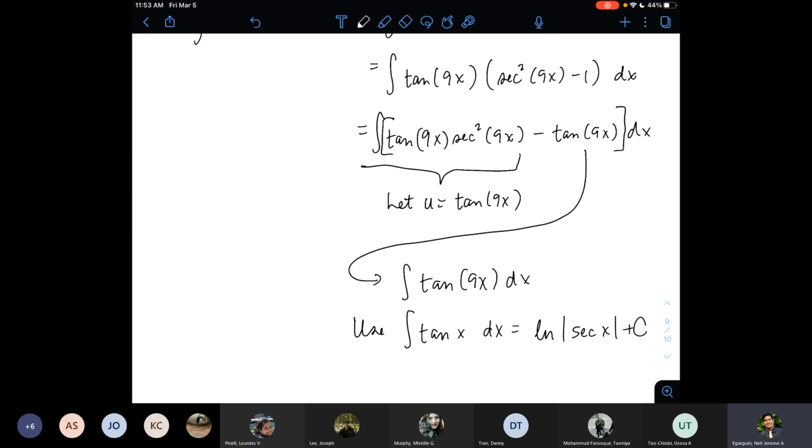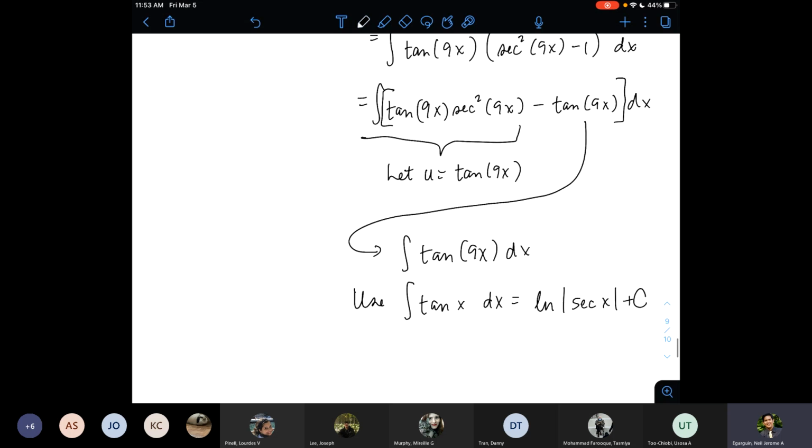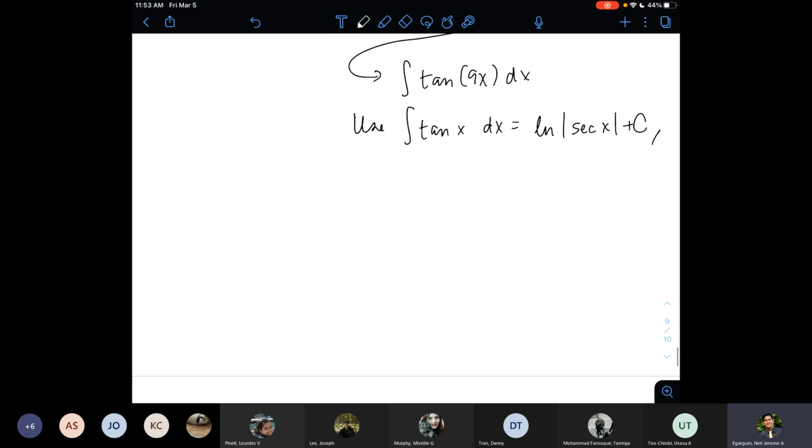Let me check that. The integral of tangent is, yeah, ln of the absolute value of secant. Muriel, that's for the integral of secant x. For the integral of tangent x, it's either this or negative ln of cosine x plus c. So either of these two things, okay?